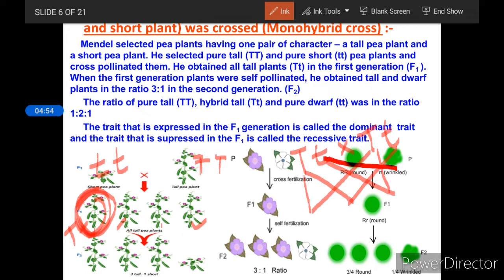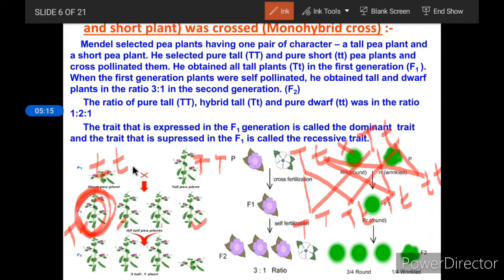This one with this one. So capital T, capital T here. Here it is capital T, small t, capital T, small t, and here it is small t, small t. This was the F2 generation he got.